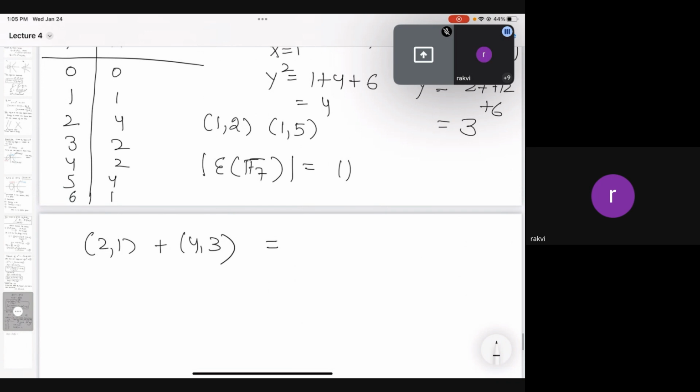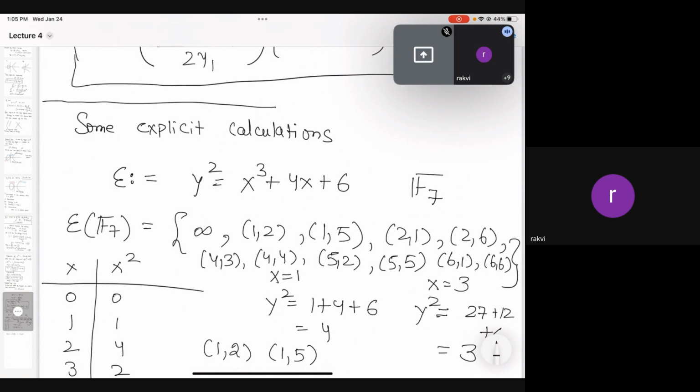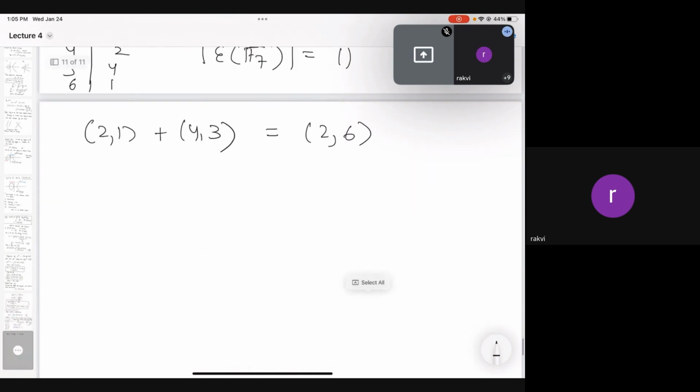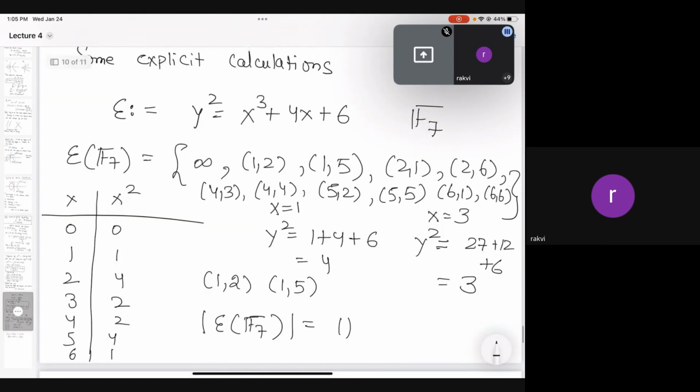If we do all that calculation, we will end up getting 2 comma 6, which is again a point in my set, right? And if I want to double, let's say I want to add 2 comma 1 to itself, I'll get 4 comma 4, which is again an element in my set, right?